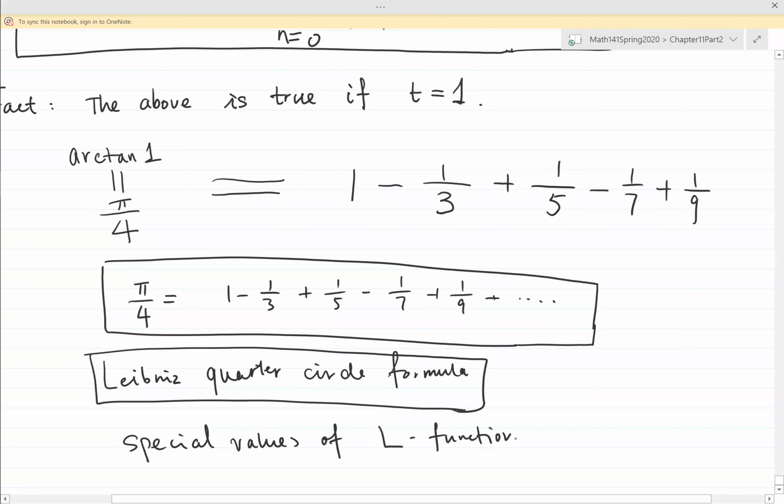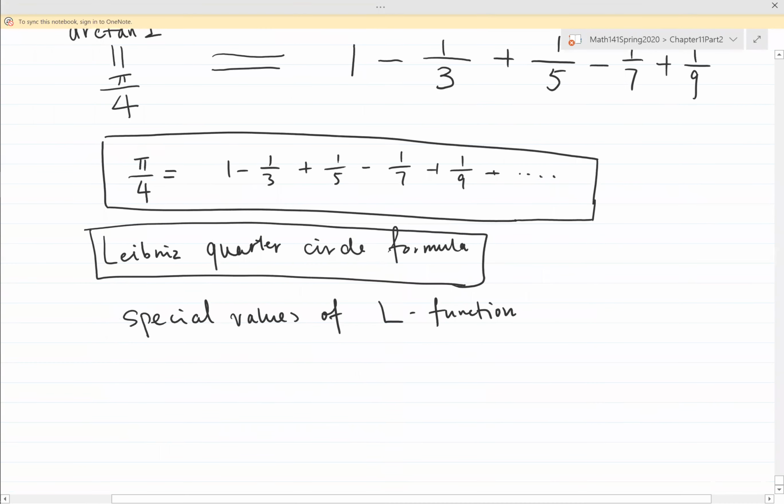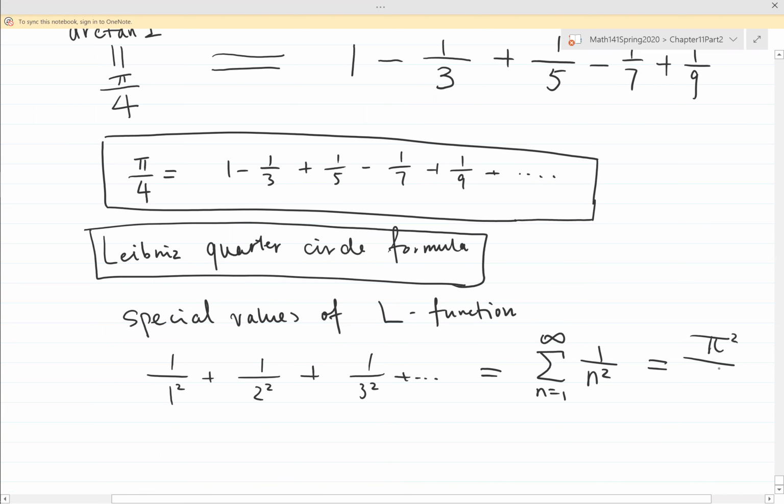Now, for instance, we mentioned earlier the Basel problem, which says the following: 1 over 1 squared plus 1 over 2 squared plus 1 over 3 squared, etc. The sum of the reciprocals of squares of integers. Now this is again related with pi squared over 6.